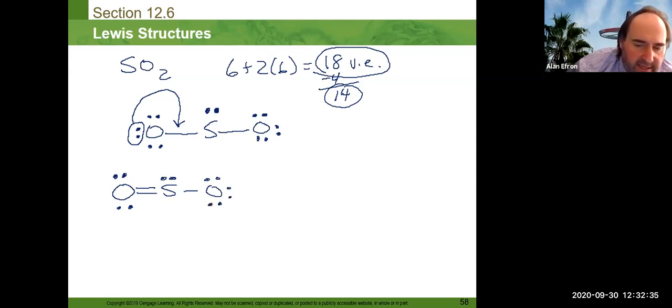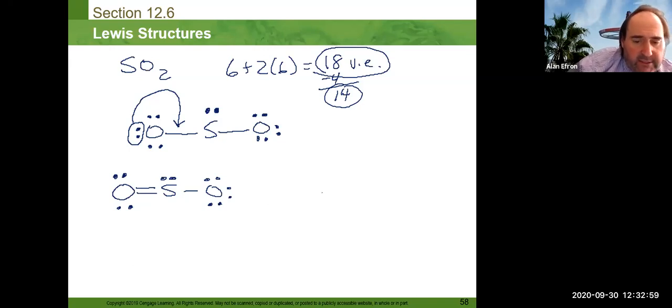And in terms of electrons, what that does is it still maintains its total 18 electrons. Oxygen on the left, 2, 4, 6, 8. Oxygen on the right, 2, 4, 6, 8. Sulfur in the middle, 2, 4, 6, 8. Everybody now has 8 electrons, and we have a total of 18 electrons. This would be the correct Lewis structure.